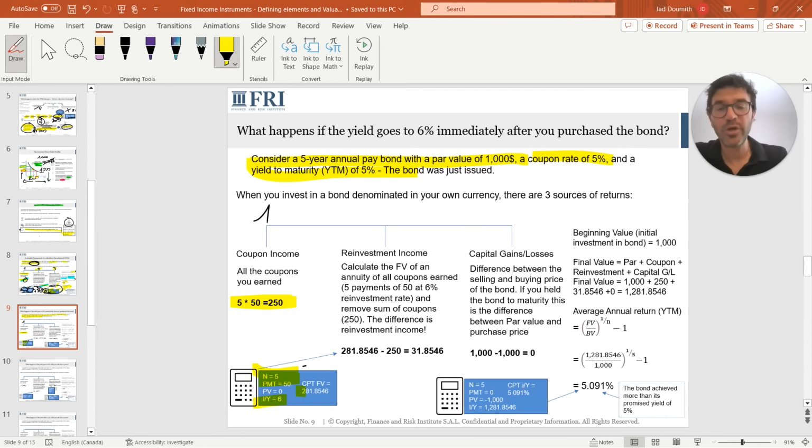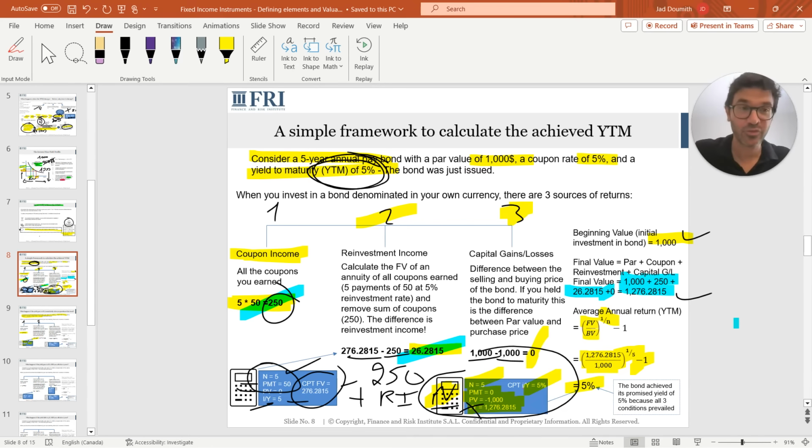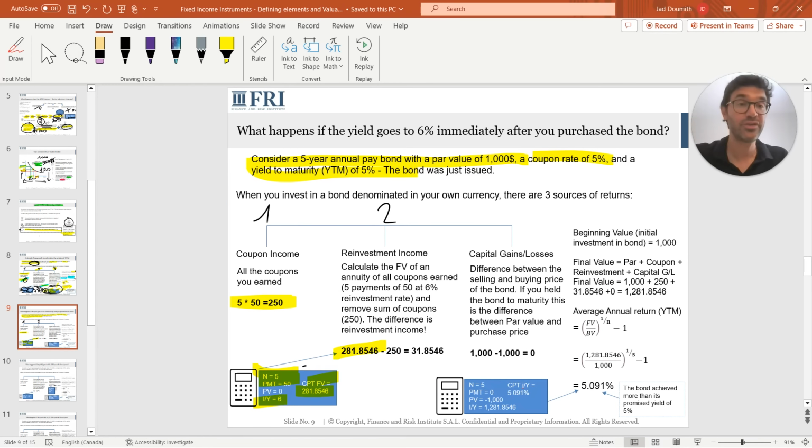The calculator will compute the future value of that annuity, which I remind you contains at the same time the 250 coupons that were earned over time plus the reinvestment income. So this 281, by the way, notice how the 281 is higher than 276, which is natural since you are investing at a higher rate of 6% versus 5%.